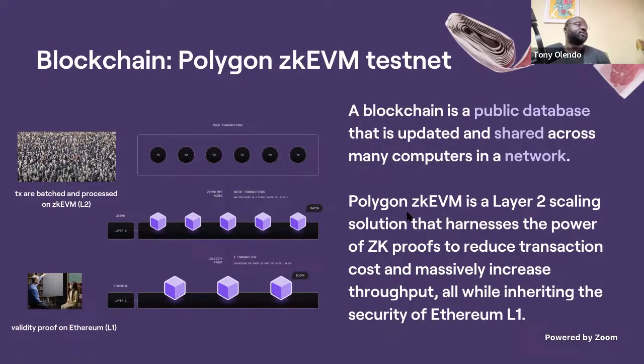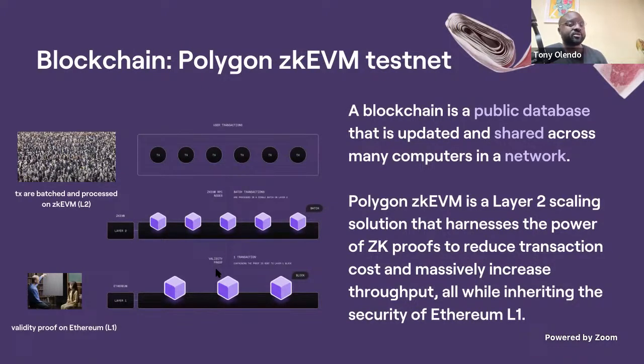We have a sequencer that sequences all of those transactions, aggregates them, and then a validity proof is generated, which is a zero knowledge proof that computes all of the state transitions. It produces a Merkle root that we then store on L1, but we also use to compute the brand new state given a batch of transactions.